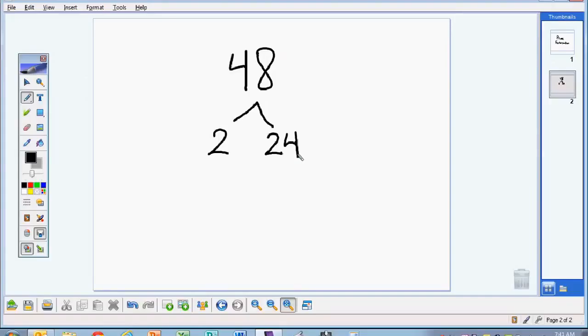Once I've split it into two factors, I look at both numbers to see if they are prime or composite. The number 2, I know that is prime, so it's a stop sign. We stop the process for 2. However, 24 is composite, so we continue the process, and we repeat.